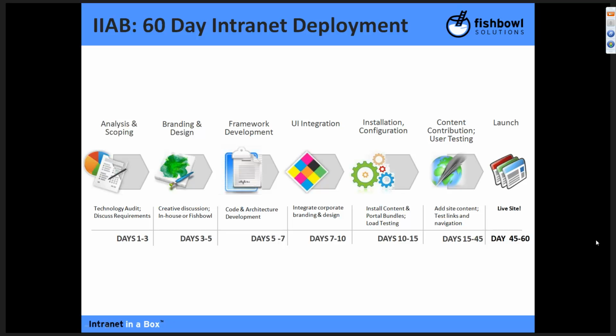We then start to ramp up the actual site architecture and code and the pieces necessary based on your requirements. We then implement your creative pieces, including the overall UI. We then move on to the installation of content and portal, and then test the system to simulate use. At this point, your new intranet is essentially built and deployed. The only thing remaining is the content to drive the site.